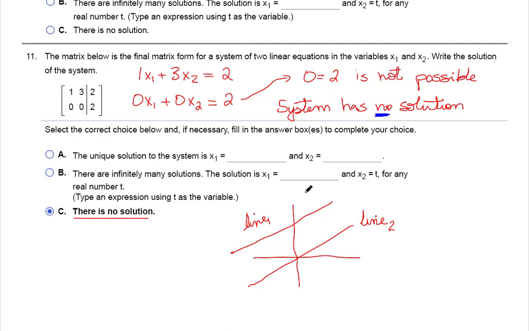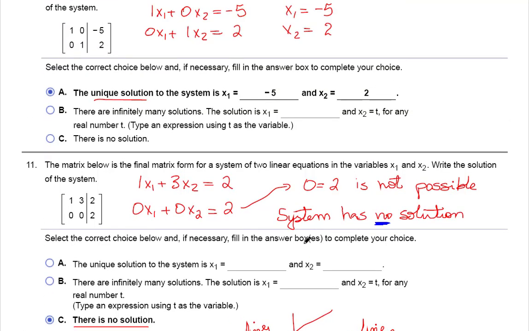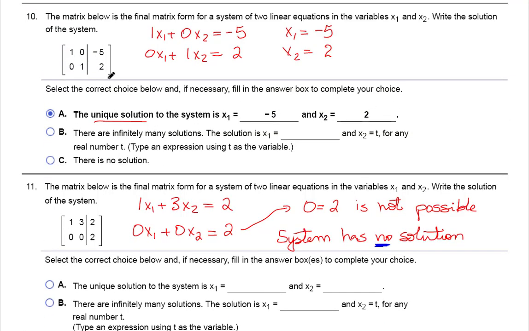Now, how can you have something with no solution? Well, if we had two lines that were parallel, they would never intersect, and if they never intersect, there's no solution. So with two lines, they could be parallel. It could be something like we had back in question 10, where two lines intersected in a common point.